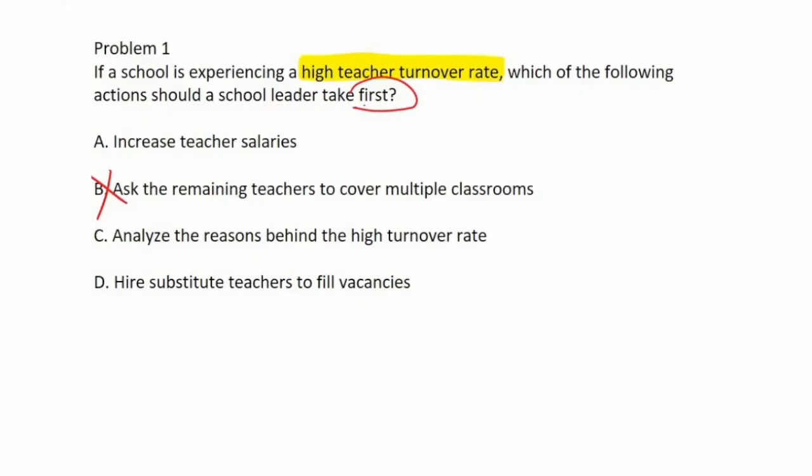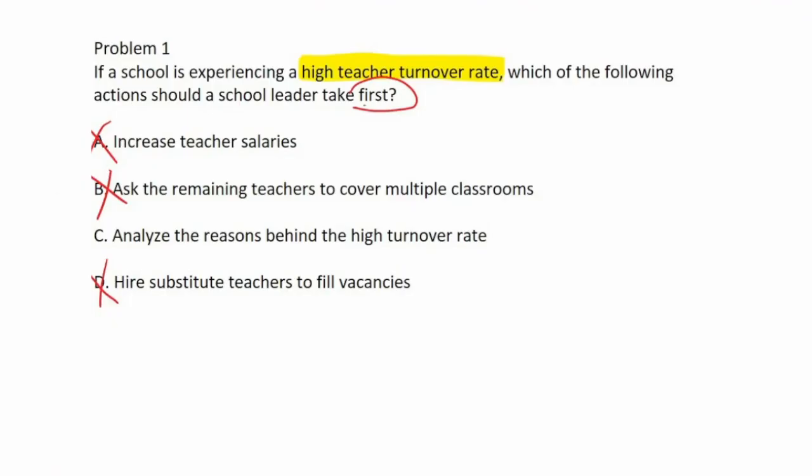That same idea goes down here for just hiring people to fill in those vacancies. That's very temporary. It's not going to give us that long-term solution we're looking for. In letter choice A, increase those teacher salaries, again, a temporary solution, trying to keep maybe those current teachers happy, but it's not going to give us the reasoning as to why our school is experiencing this turnover rate.